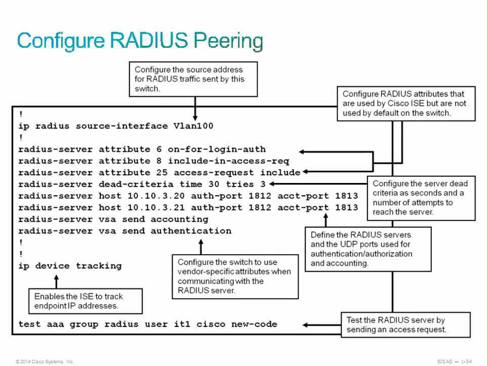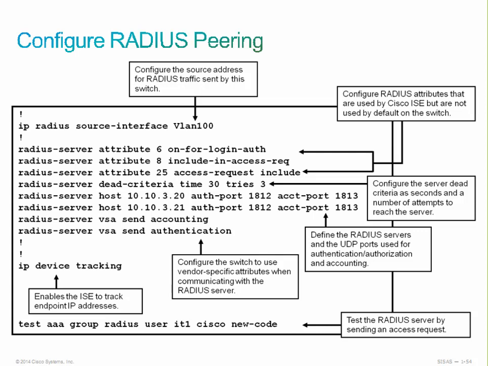But that's what that command allows us to identify: the IP address of the ISE server, and the authentication port and the accounting port. By default, the ports used by ISE would be 1812 for authentication, 1813 for accounting.